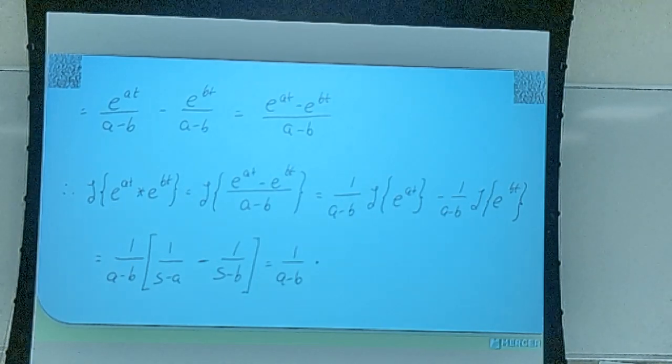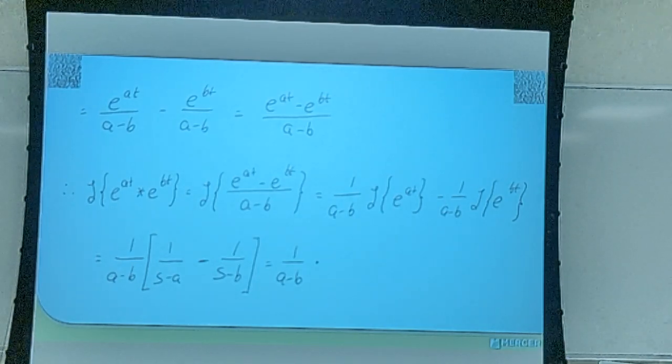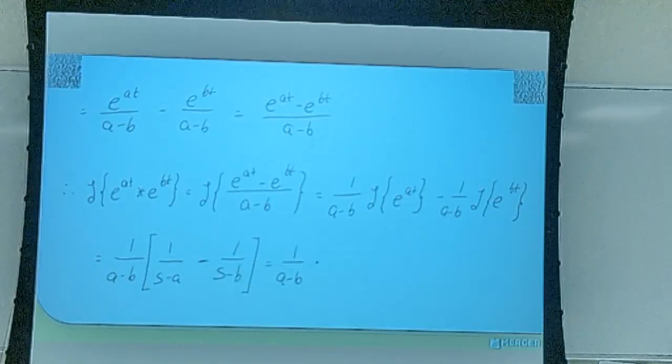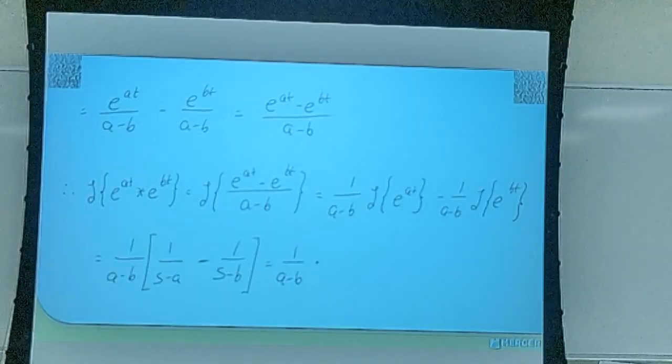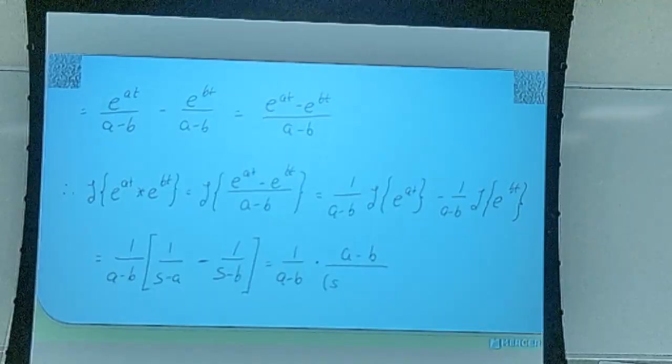What do you get? A minus b over s minus a times s minus b.